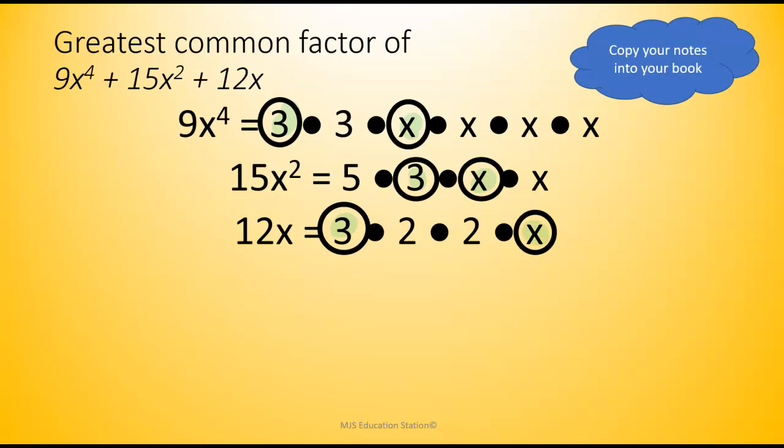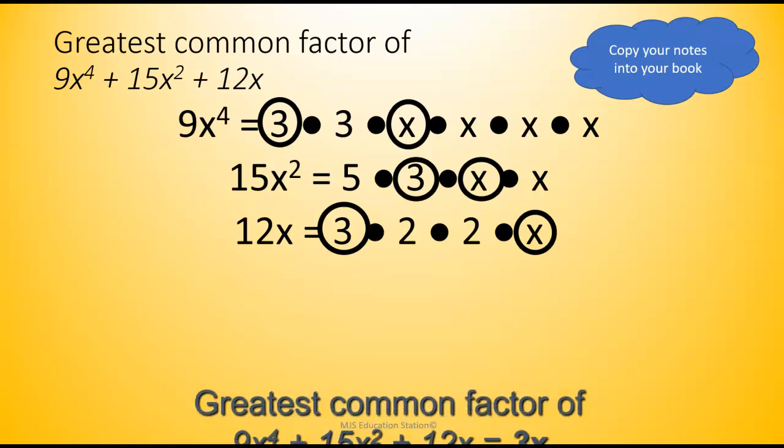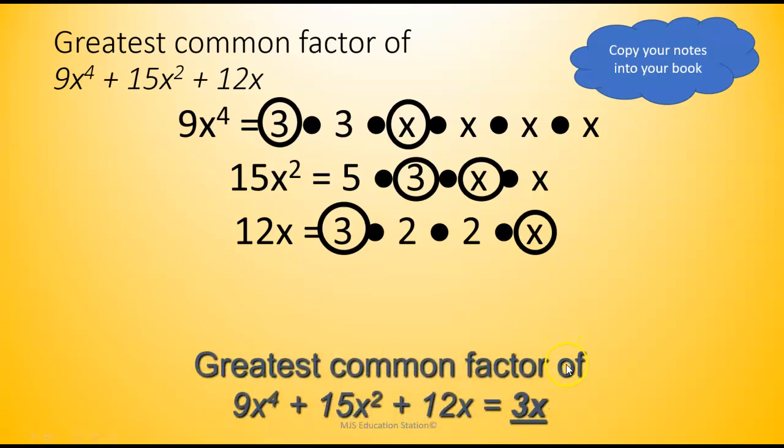So our greatest common factor is 3 times x. All we are working on today is finding that greatest common factor, which we now know is 3x.